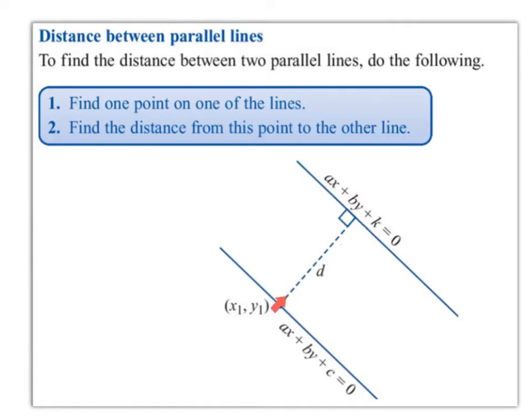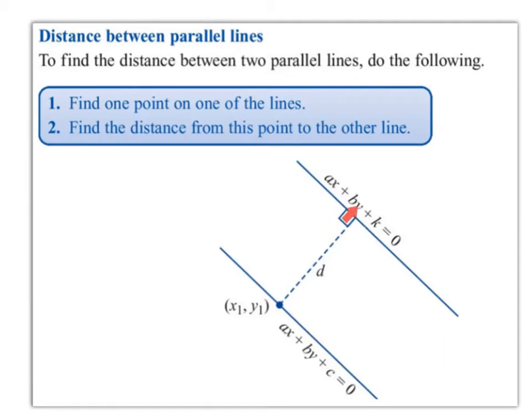So we want to find the distance, labelled here as D, between these two parallel lines. So this line we will just for the moment call ax plus by plus k is equal to 0. And this line we will call ax plus by plus c is equal to 0. And this point is x1, y1.